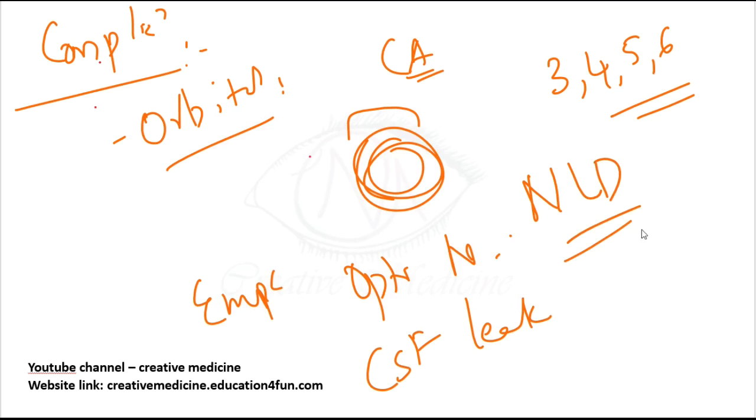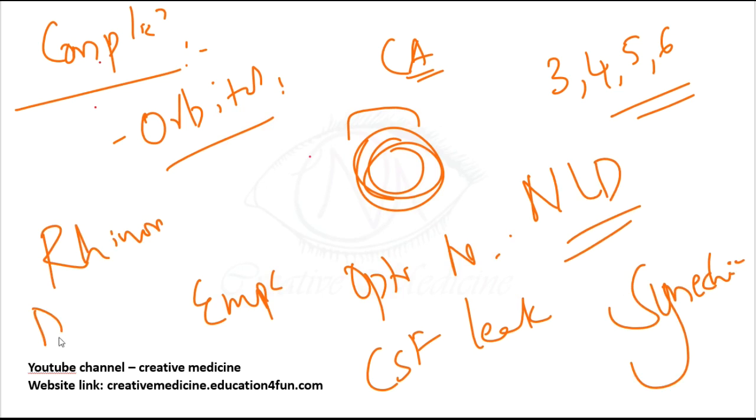There can be injury to the nasolacrimal duct, and this can result in synechiae formation, or this can also result in rhinorrhea and anosmia. So what are the complete complications?